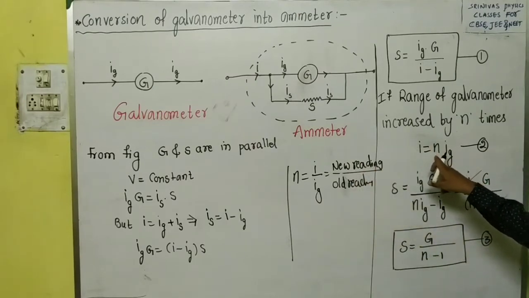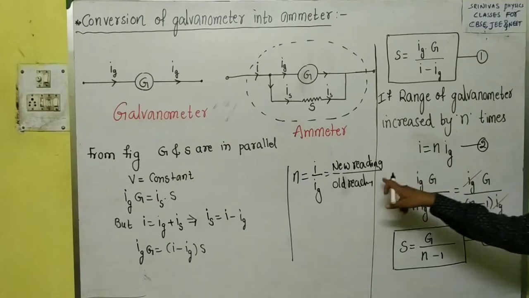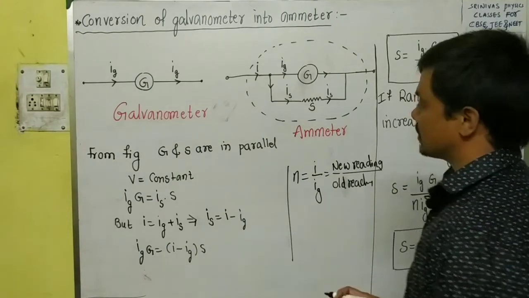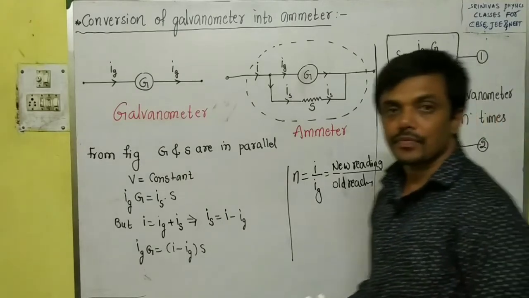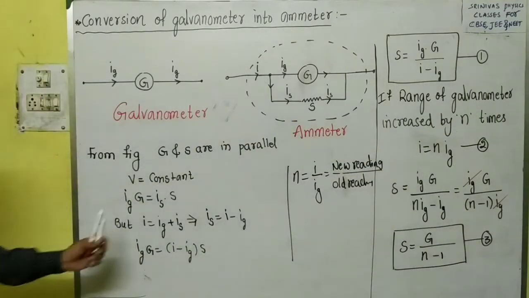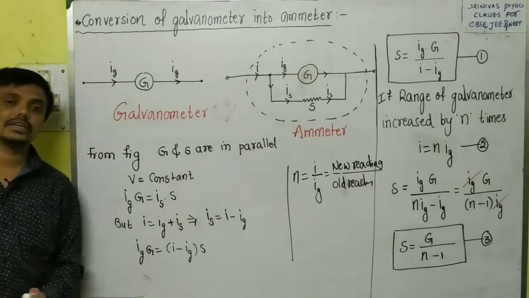We take Ig to the left side, then I by Ig is n, okay, right. And this is the shunt resistance. How to derive the formula for the shunt resistance, let us take the screenshot and note it.